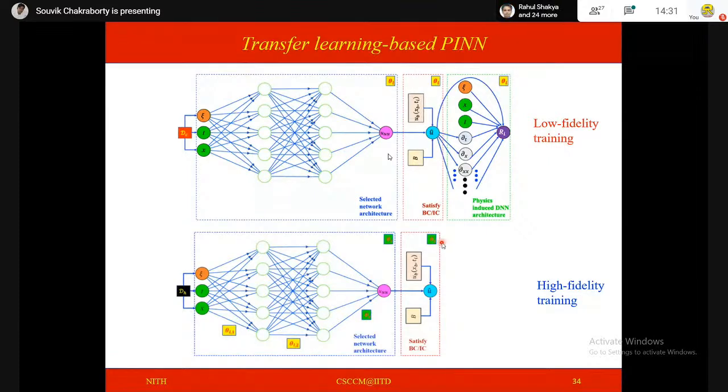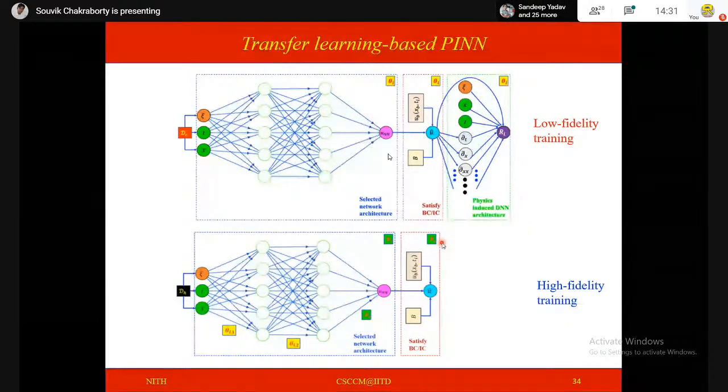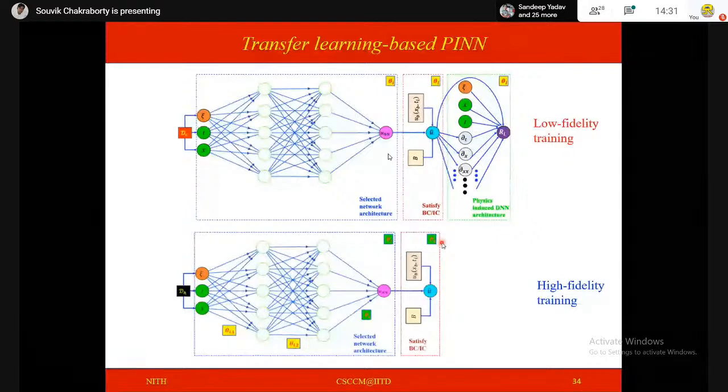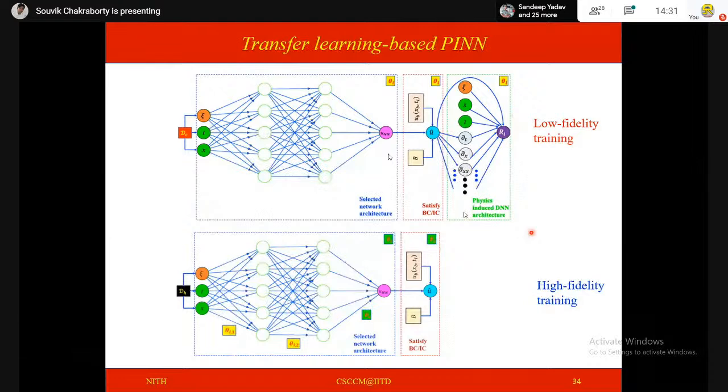So basically, learn from the low fidelity equation, then use transfer learning to preserve that knowledge while updating some portion of the knowledge by using the data that you have. And since we are using both low fidelity and high fidelity, this is known as multi-fidelity. Fidelity means accuracy. So this is low accurate physics. This is highly accurate data. Both to train our neural network.